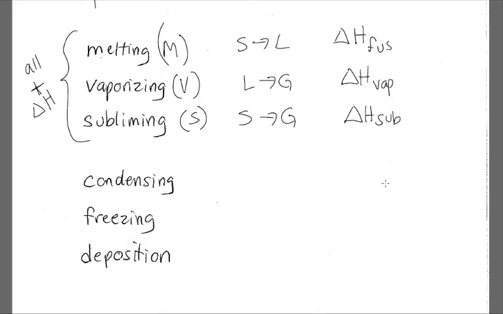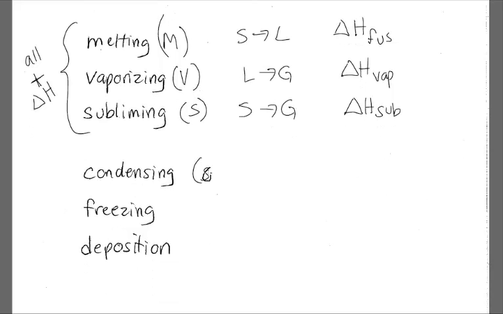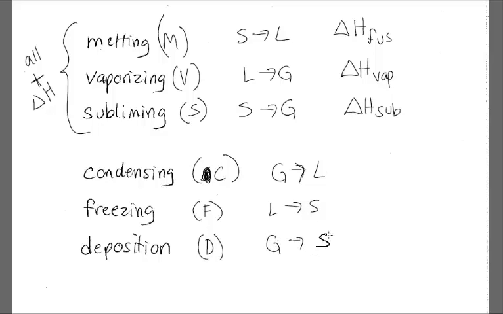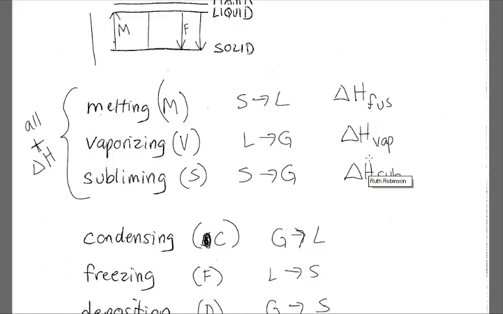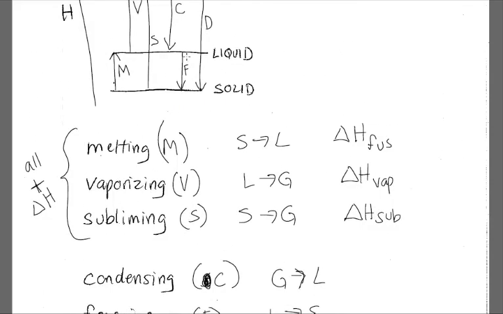When you are condensing, that was our C, and condensing was going from a gas to a liquid. Freezing was going from a liquid to a solid, and deposition is going from a gas to a solid directly. And so, since they have the same energy gaps, going from a solid to a liquid is the same as a liquid to a solid, except the sign of delta H. It just changes in sign.